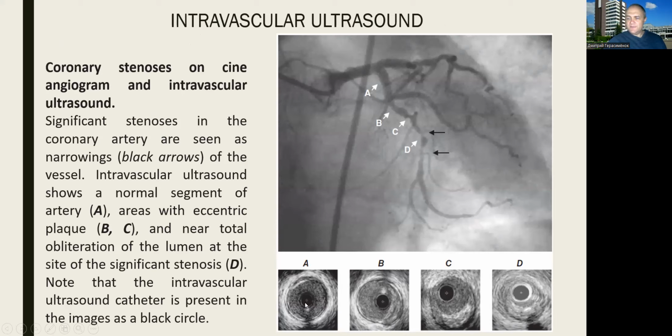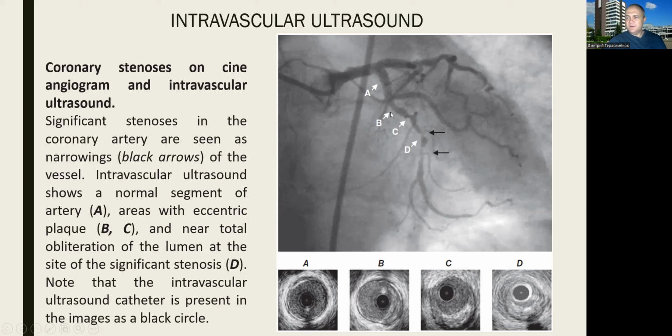This is figure A, this is part of the coronary artery. Areas with eccentric plaque, B and C. You can see this light region. This is atherosclerotic plaque, B and C.